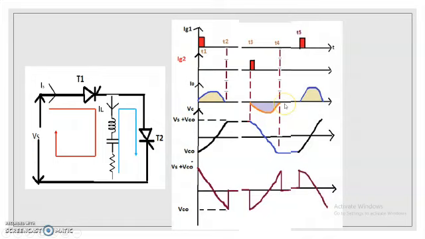So as I have discussed, what will happen now? Once the thyristor T2 is turned off, both thyristors will be in the off state for the time period T4 to T5. At that time, the load current is 0.